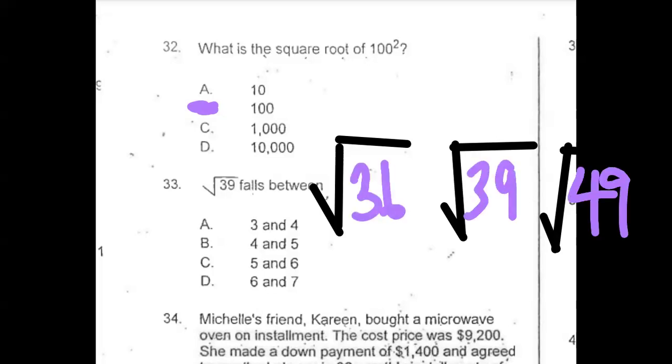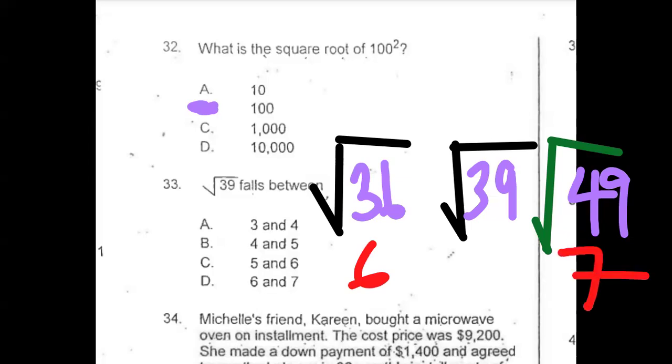We'll have the number 36, the number 39, and the number 49. The square root of 36 is 6. This right here is going to be 7. So it has to fall between 6 and 7. So the answer is definitely D.